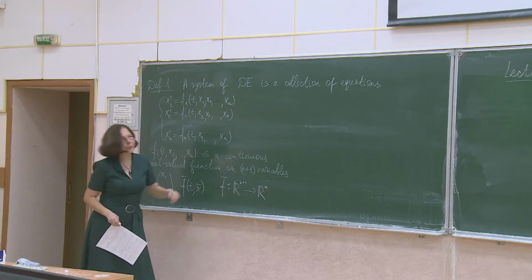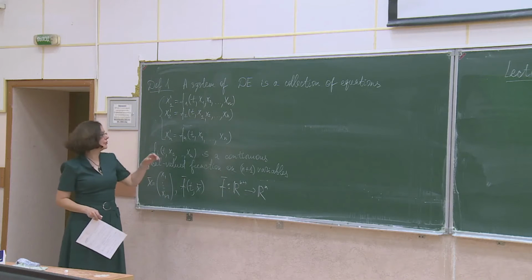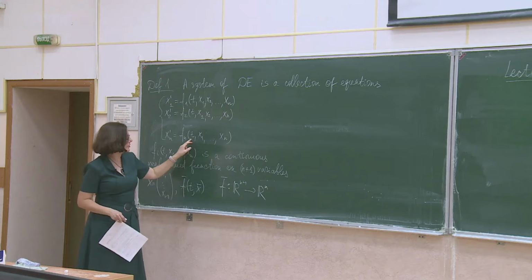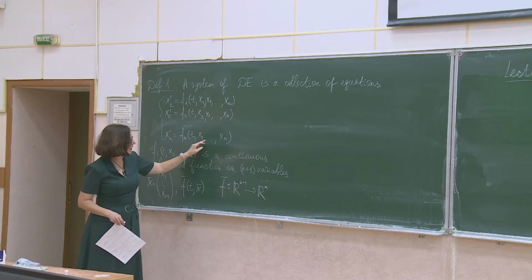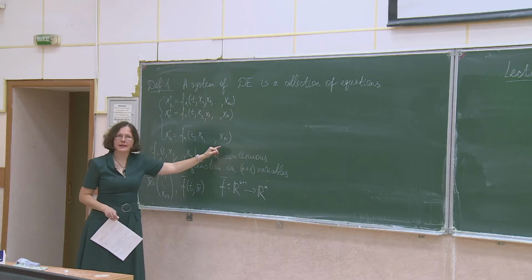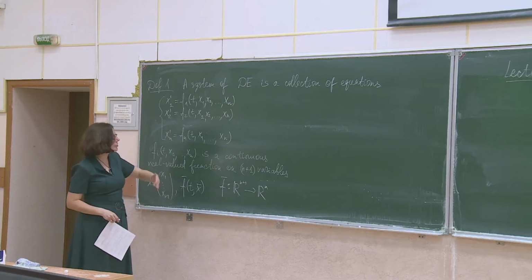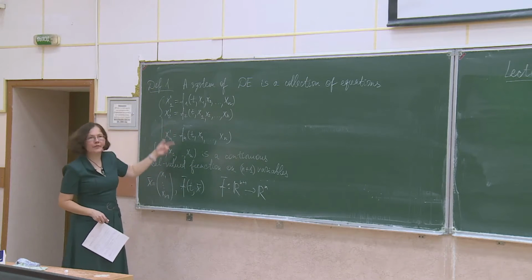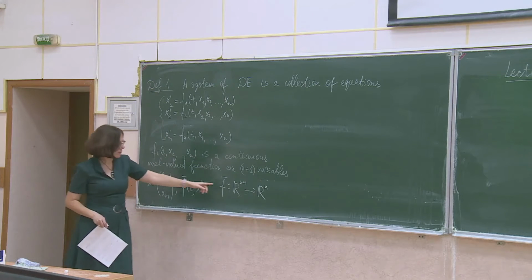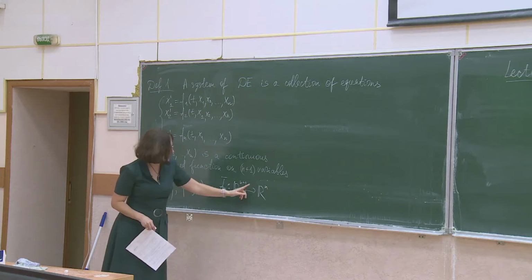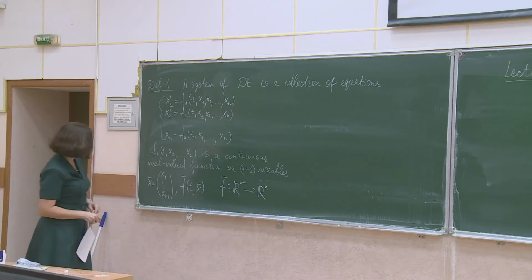So n plus 1 is the number of variables of the function. So we have n plus 1 places for variables, right? And the output would be the n-vector. So it is from R^(n+1) to R^n.